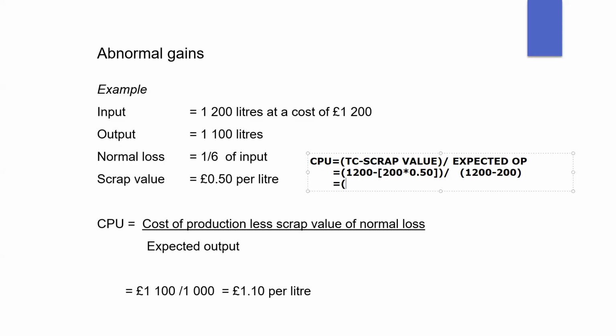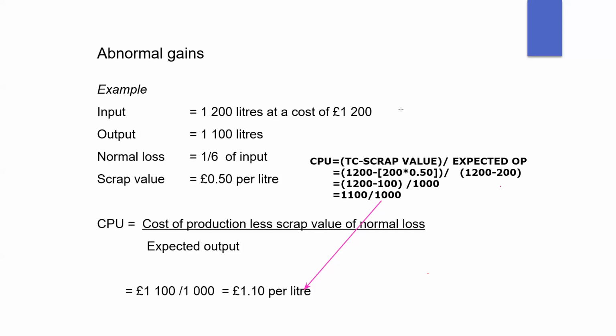Which means 1200 minus 100 should be divided by 1000. That is, 1100 should be divided by 1000. So you are getting here the cost per unit as £1 and 10 penny. Right?